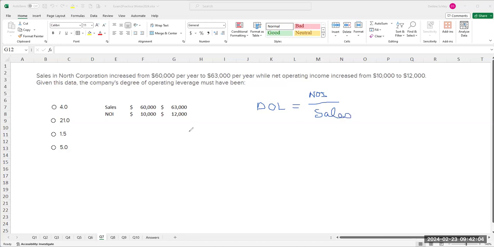So in this instance, degree of operating leverage is X. And I need to find out the change, right?